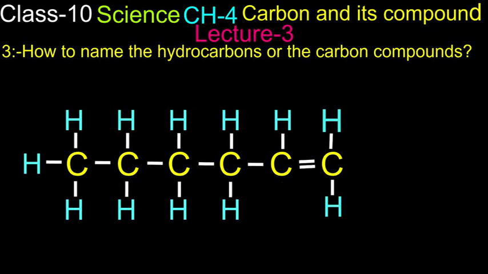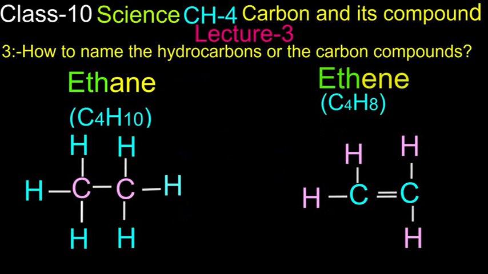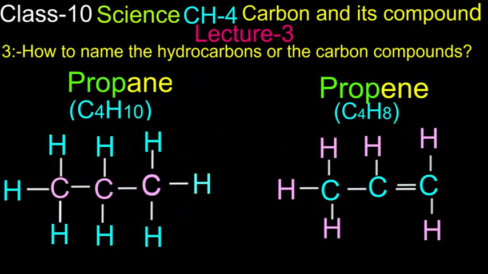If any carbon-carbon bond is double, then ane is replaced by ene. For example, ethane becomes ethene, propane becomes propene, and so on.